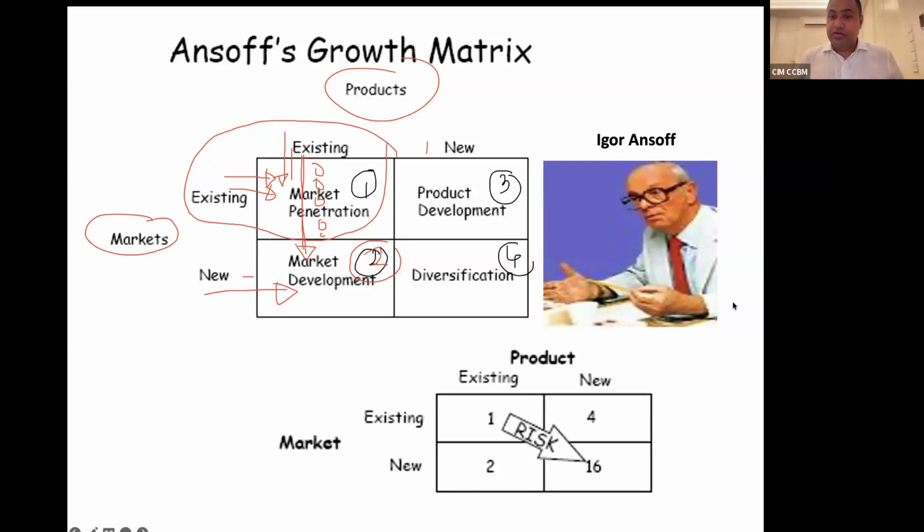Giving discounts to accountants. Discounting is wrong. That's market penetration. But going into CIMA can be, going into other professional, other business segments like accounting, operations, project management, looking at those areas can be market development.